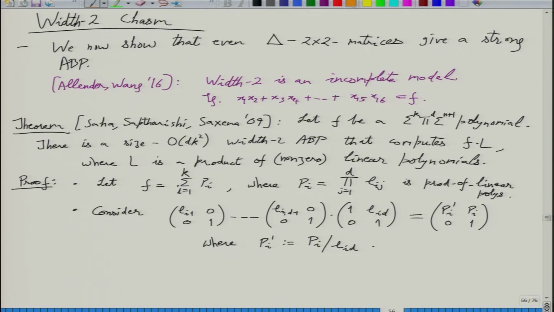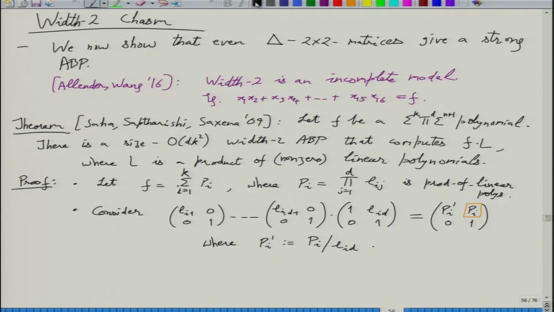So I have located Pi here. I mean, we could have taken Lid also the same way as we have taken Li d minus 1, and we would have gotten the product Pi, but that representation will not help you in doing addition, because remember you have to add P1 with P2 using matrix product.